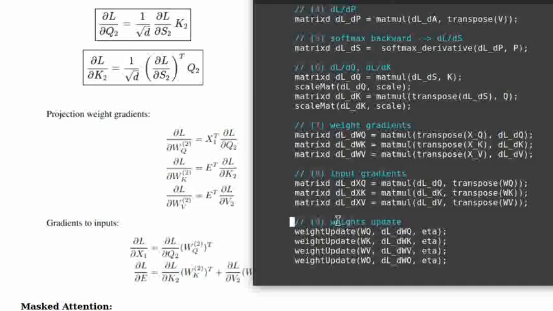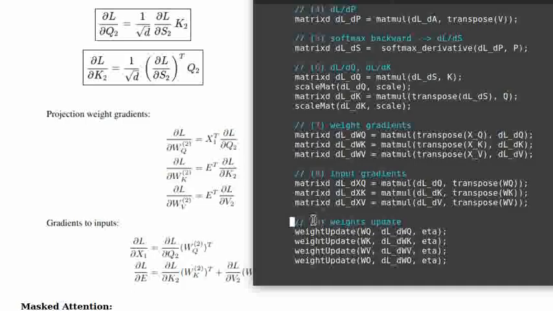And we could also calculate the input gradients. Okay. dL/dQ corresponding to our dL/dX1. X1 is the input. That corresponds to our xq. And it is equal to dL/dQ times the transpose of WQ. And the same for the other two parameters.